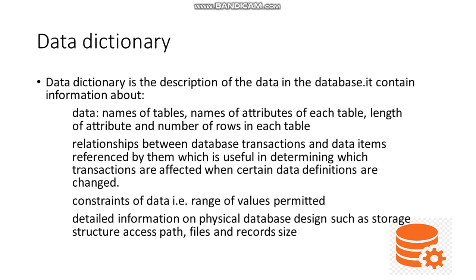Constraints on data, that is range of values permitted, and detailed information on physical database design such as storage structure, access path, file and record size. So that means data dictionary contains all the information about your table, your file.